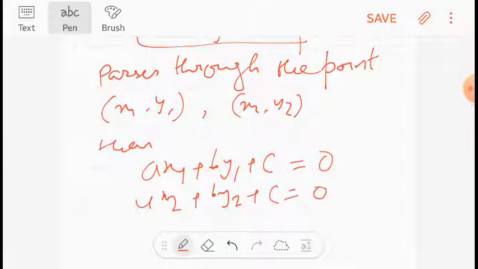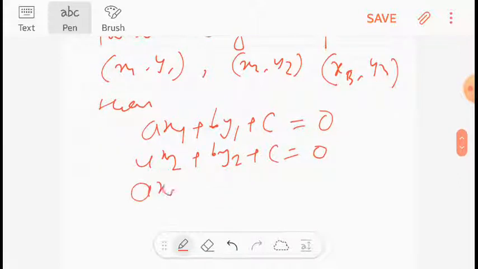That means these 2 points satisfy the equation of the line. And if it satisfies a third point, x3 y3, then ax3 plus by3 plus c equal to 0.